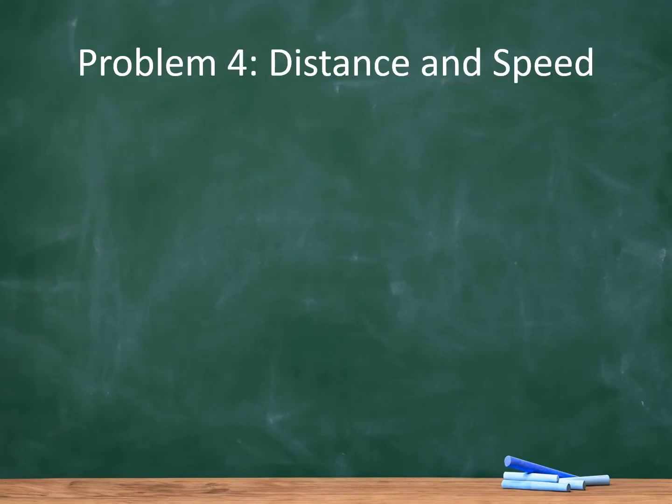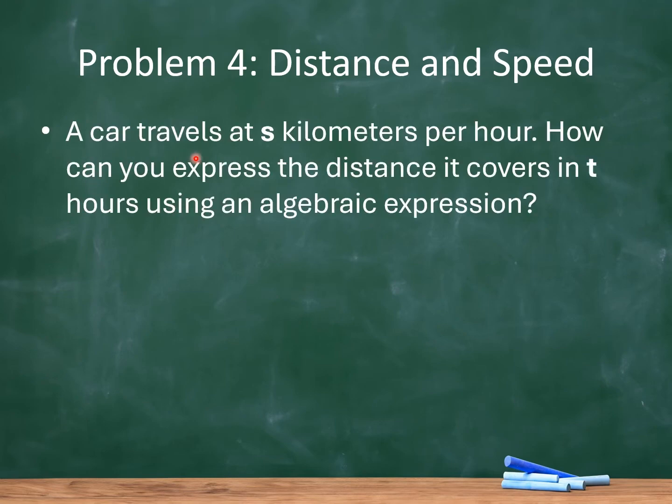Another problem. This time it's on distance and speed. A car travels at s kilometers per hour. So we do not know how many kilometers can a car travel per hour. So we will use s to represent that.